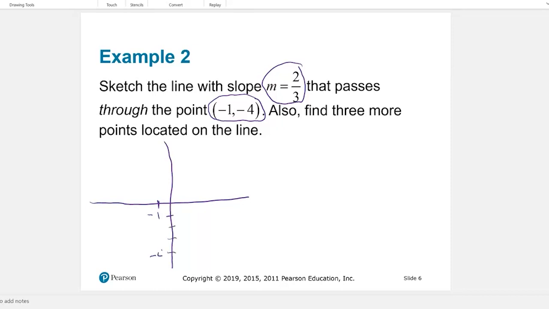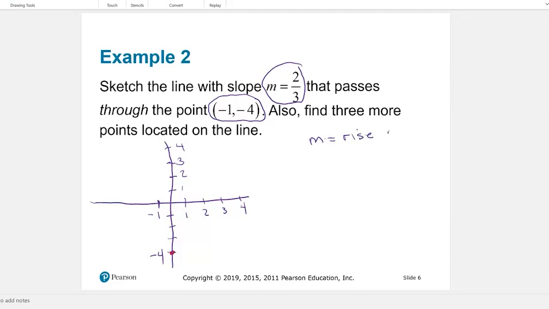So this is -4. So I have this point. And let me put in some more numbers here. 1, 2, 3, 4. 1, 2, 3, 4. I don't know if this is good enough, but we'll see. So remember we said the slope is equal to the rise divided by the run. Not the rum, the run.